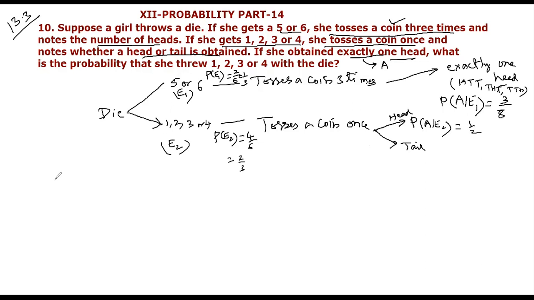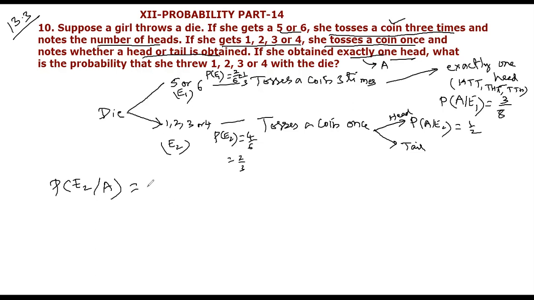So we have to find the probability of E2. E2 means getting 1, 2, 3, or 4 with the die, and she obtained exactly one head. So E2 when A has already happened, A is exactly one head.